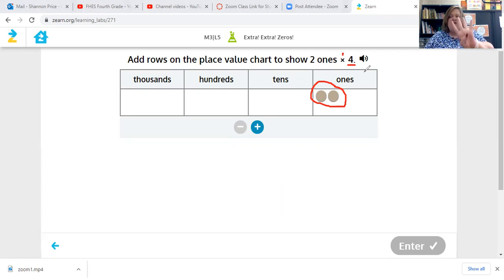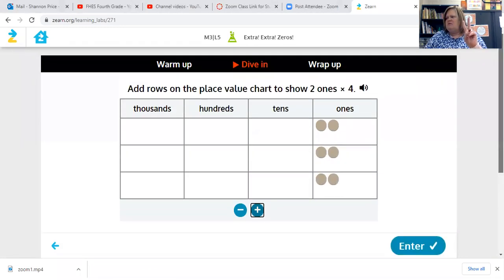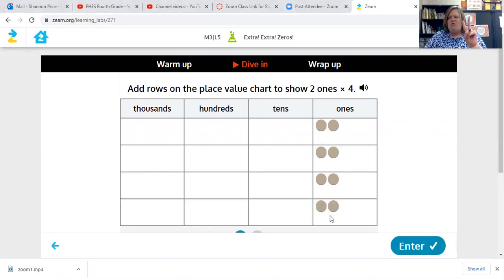I want to have 4 groups of 2. Let's erase that drawing. 1 group, 2 groups, and 1 more group would be 3 groups, but now I have 4 because I started with 1. So 1 group, 2 groups, 3 groups, and 4 groups.